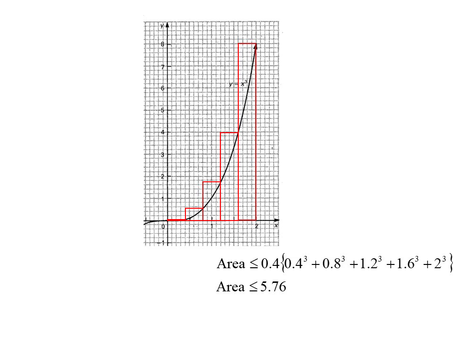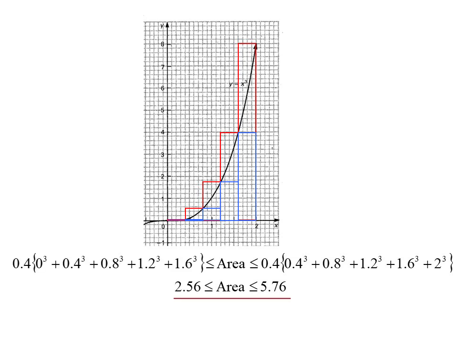If we do our underestimate, so let's draw 5 rectangles in there, that would give me a value of 2.56. So I now know the area is somewhere in between 2.56 and 5.76, and if I was to average those, I'd get 4.16. Remember, the exact amount was 4. So we've got a lot closer straight away.